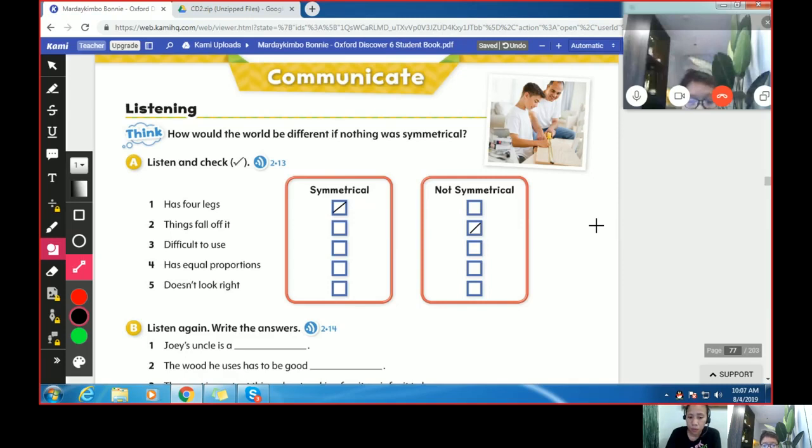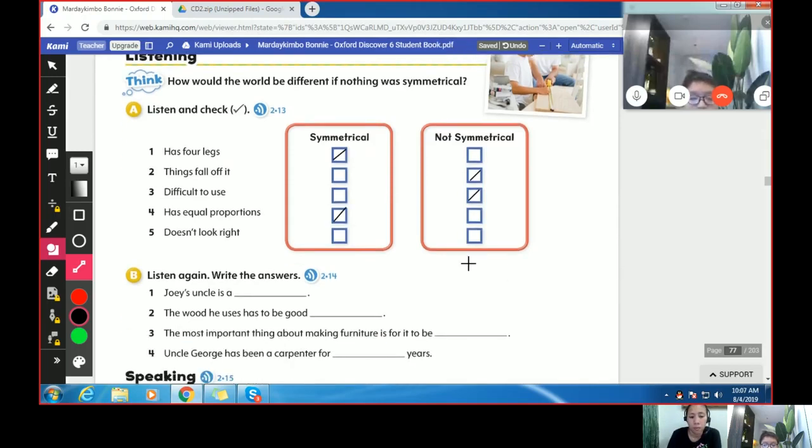Not symmetrical still. All right. Number 4, has equal proportions. It's symmetrical. Yes, it is. Number 5, does not look right. Not symmetrical. Excellent.